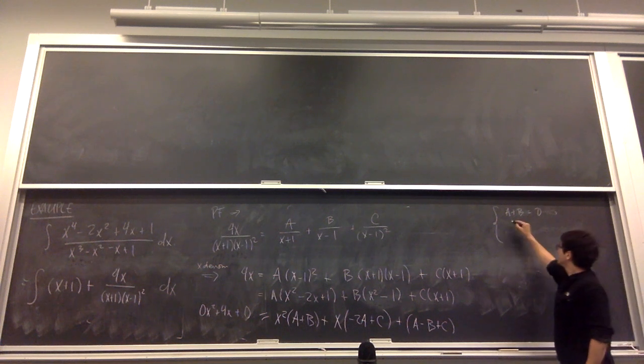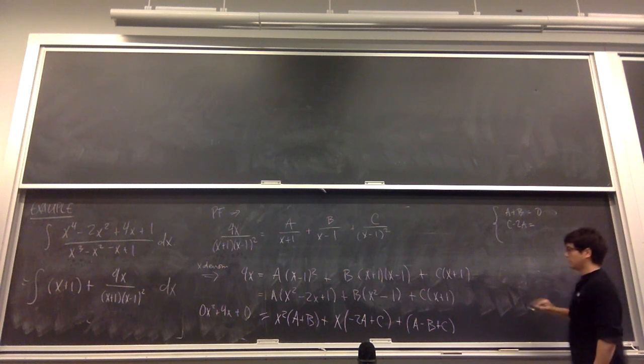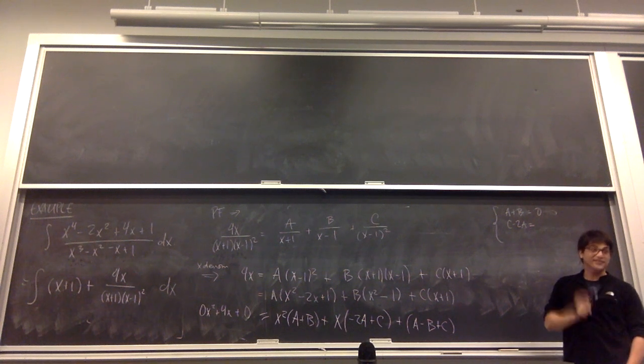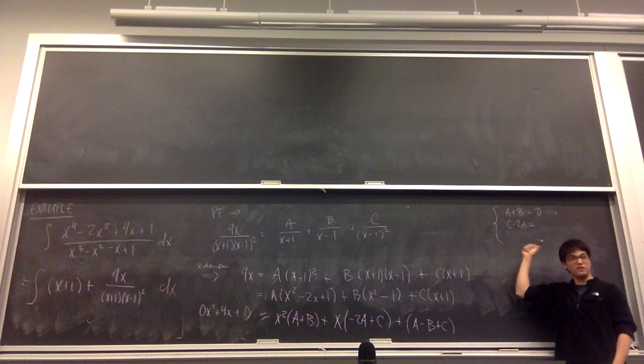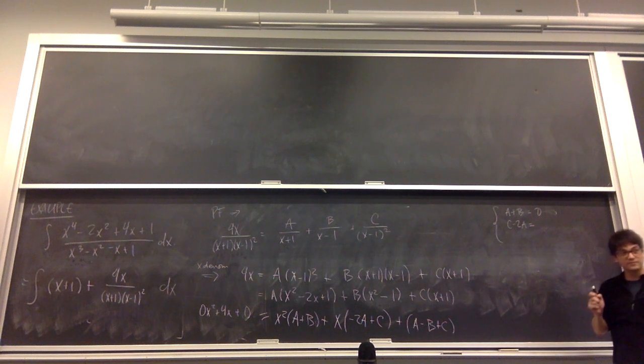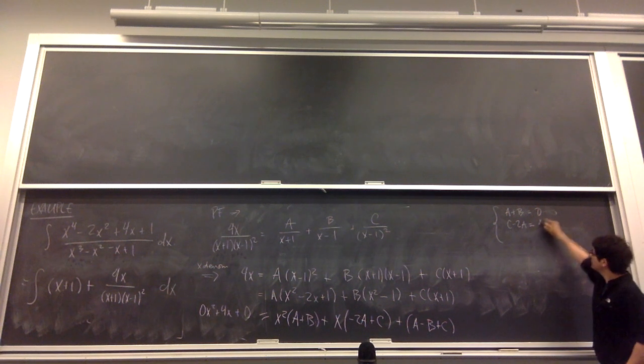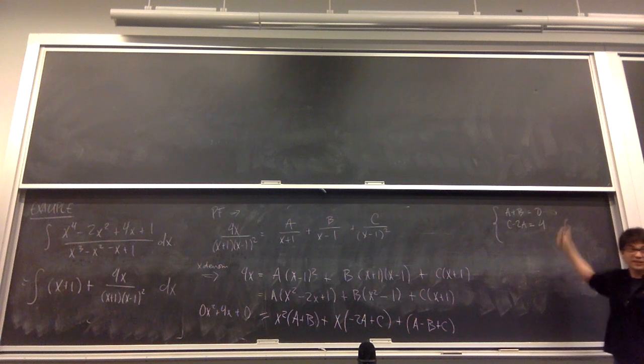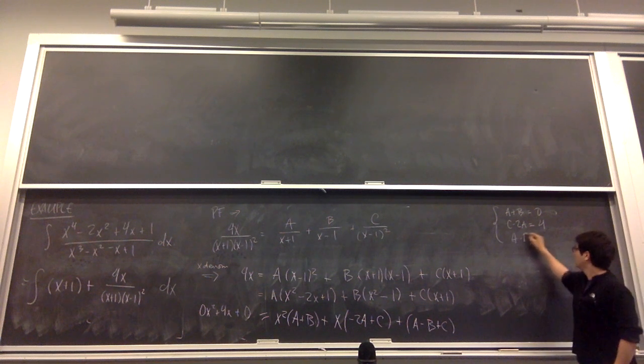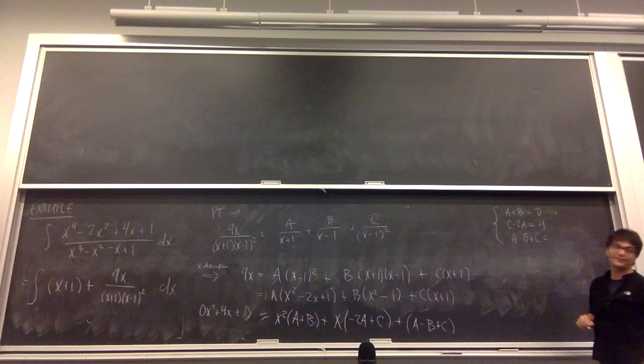What does c minus 2a have to equal? Not 4x. I'm just matching the coefficient with the coefficient. 4, yeah. If there was an x there, we'd be screwed. a minus b plus c has to be what?